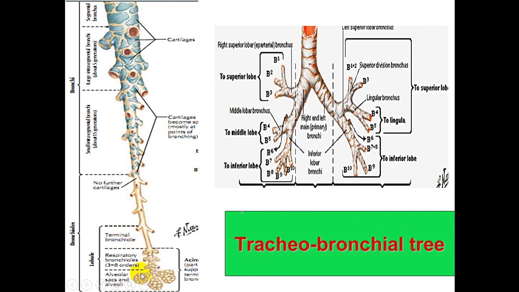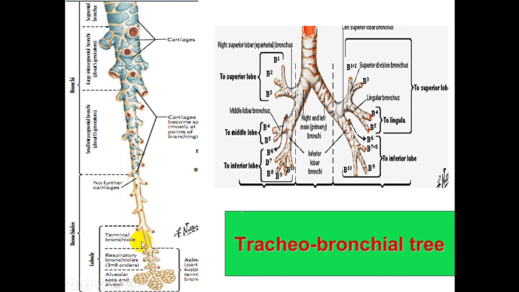The important thing before discussing the details of the structure is to demarcate the conducting part and the respiratory part of the tracheobronchial tree. The trachea, primary bronchi, secondary or lobar bronchi, and then the tertiary or segmental bronchi come into the conducting part of the respiratory system.